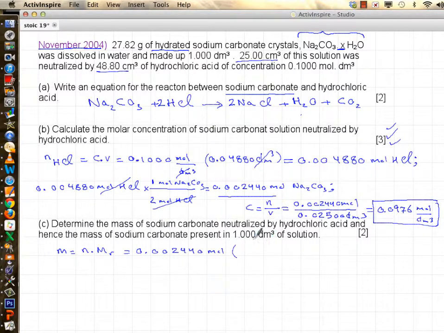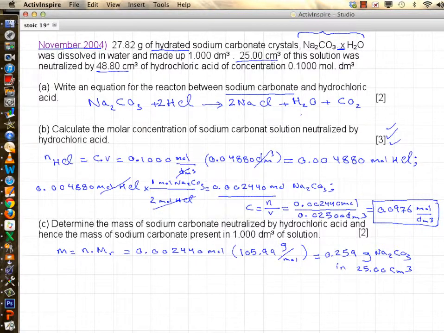Molar mass of sodium carbonate, you have 2 sodium, 1 carbon, and 3 oxygen, which is 105.99 grams per mole. If you do the calculation, you get 0.259 grams of Na2CO3 in 25 centimeter cube. I write that because the problem still is not solved.